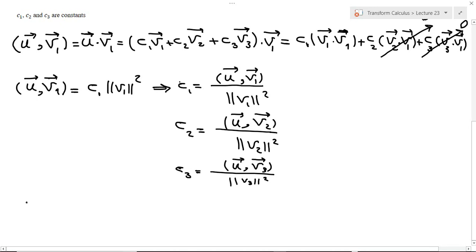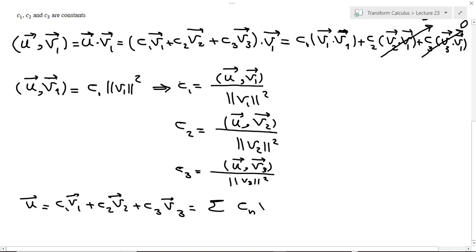So at the beginning we said U is equal to C1 V1 plus C2 V2 plus C3 V3. If I want to write it in compact form, it's equal to the summation of Cn Vn, n from 1 to 3.